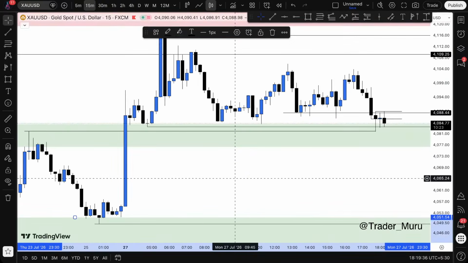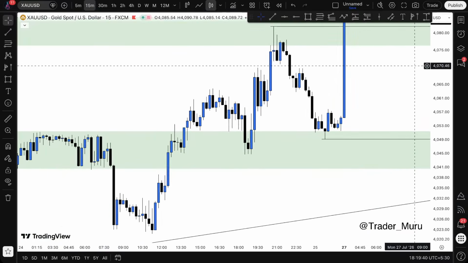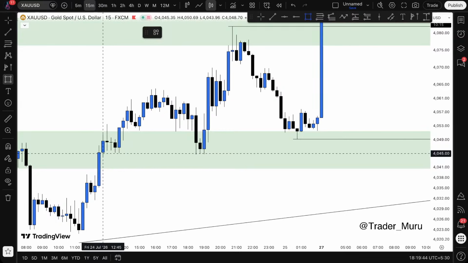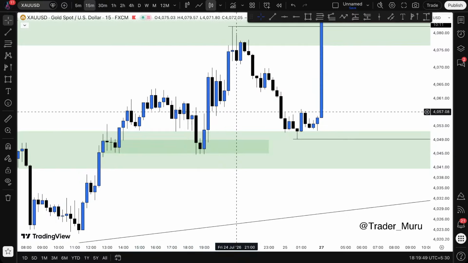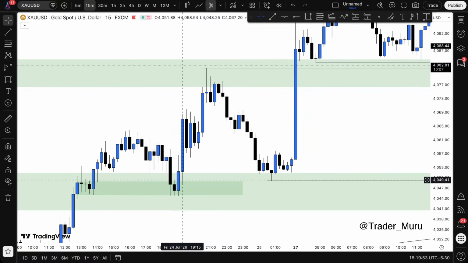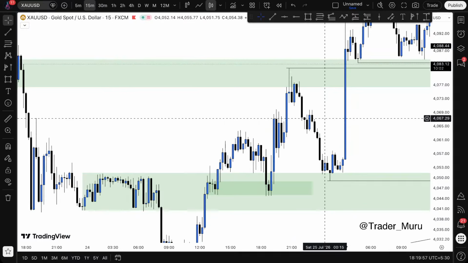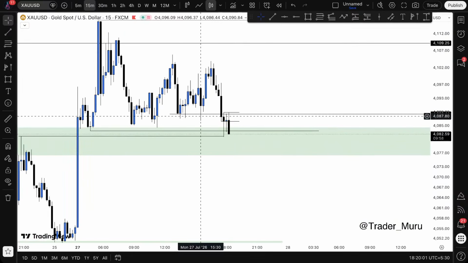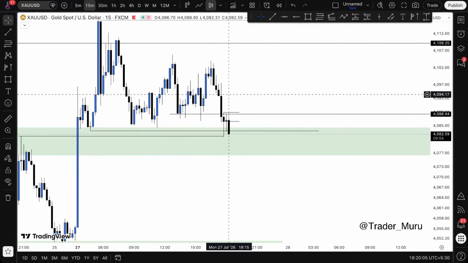Now in a smaller time frame, we just refine that level to this one, and this was our key level from where we were watching for a buy in the direction of our bias. Okay, here our bias is bullish, and this is our key level from where we are watching for a buy.